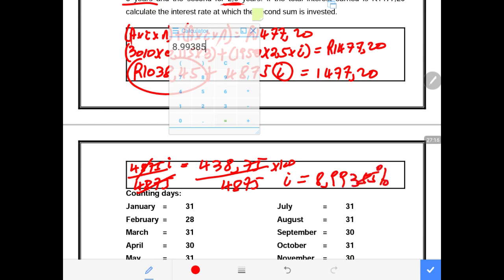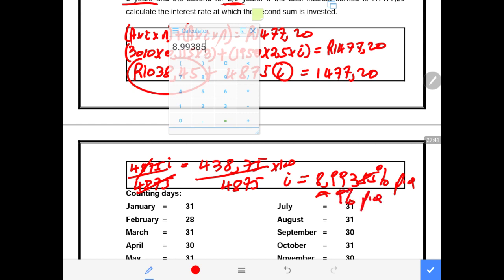which is 8.99385%. Now if we round this off to the whole number, it will give us 9%. And this will be per annum. Please don't forget to say per annum. Now that will be equivalent to 9% per annum.